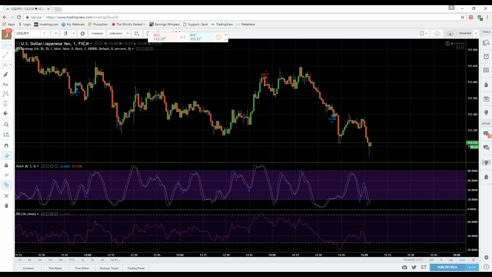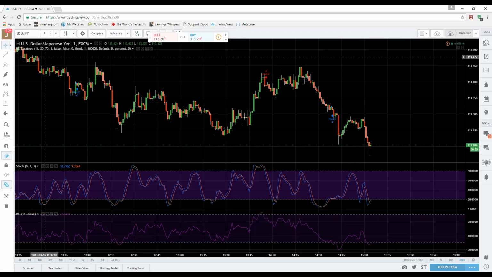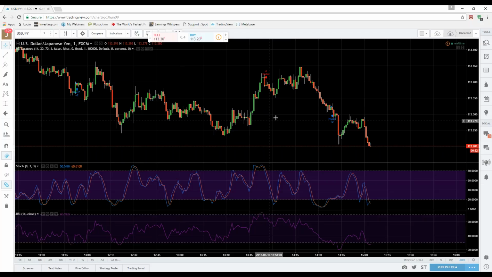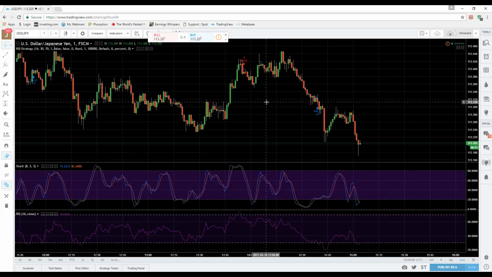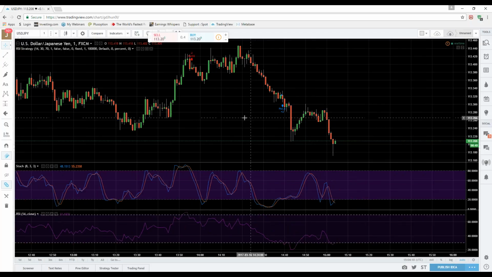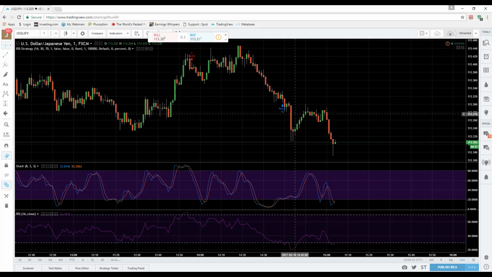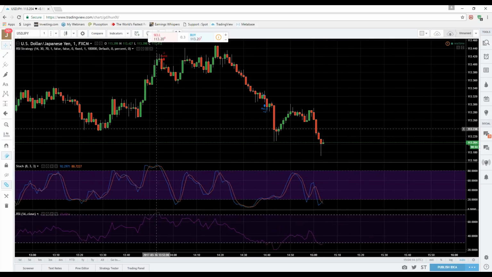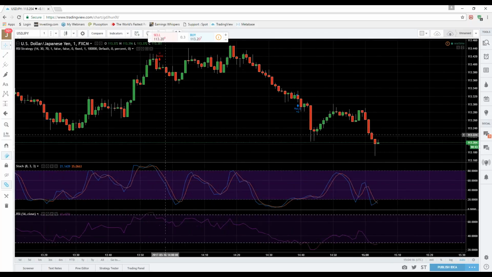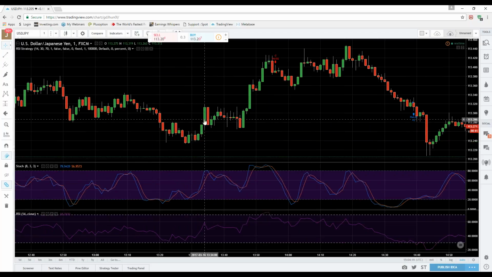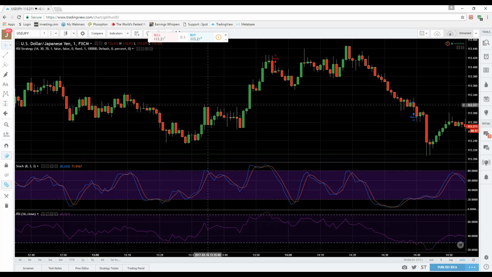Right now we're looking at a chart of the USD JPY, US dollar, Japanese yen. In this chart we have two different types of candlesticks, our greens and our reds. Let's talk about our green candle first. Let's zoom in on this particular candle. You can see that it has two parts: a colored part, and above and below it, two spikes.